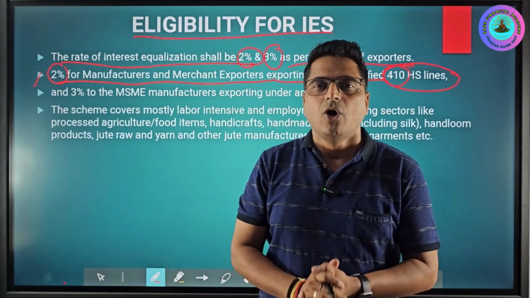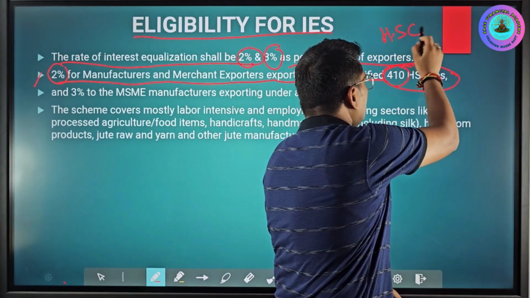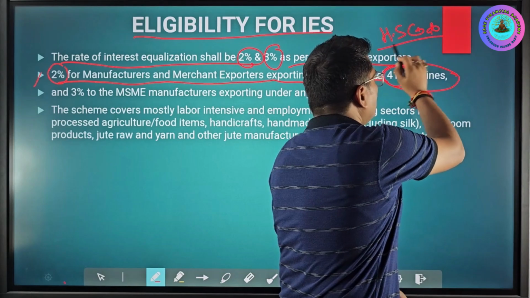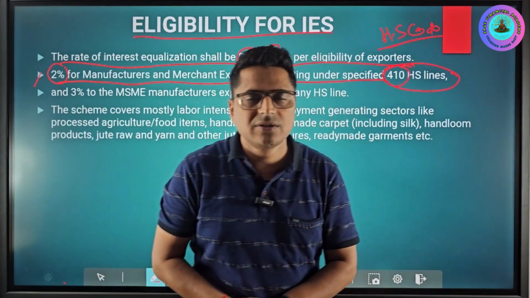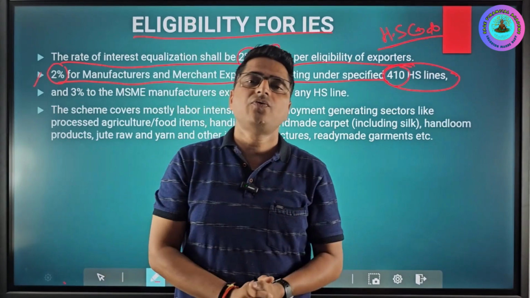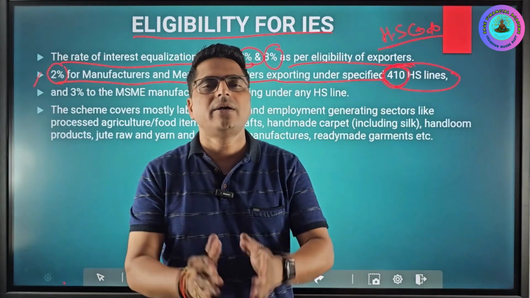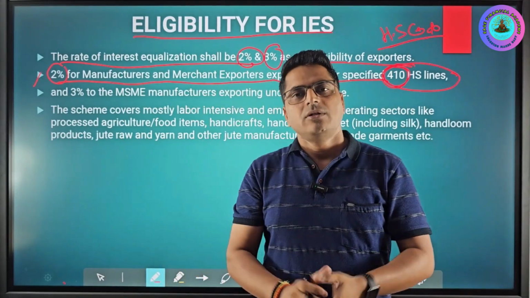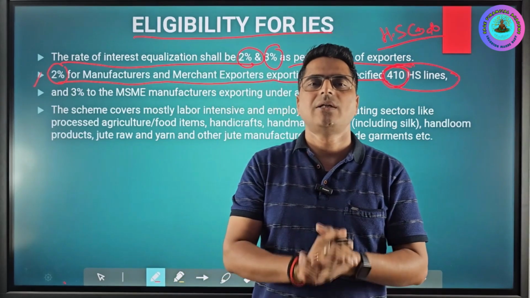HS line means Harmonized System code, HS code. Every good has a unique number, and that number is the HS code. If you are manufacturing goods that come under those 410 types, then you are eligible to get benefits under the interest equalization scheme.